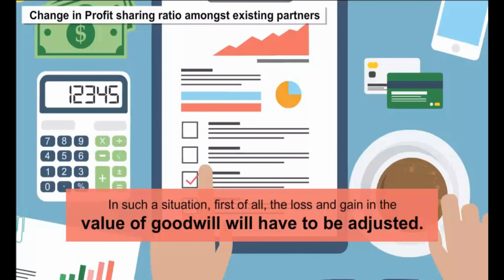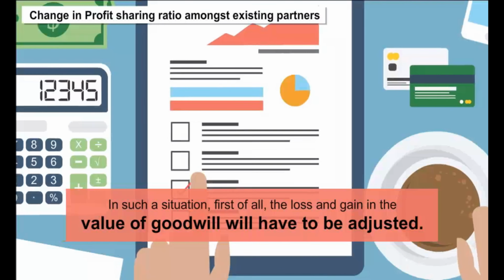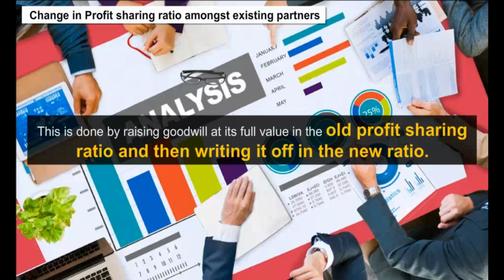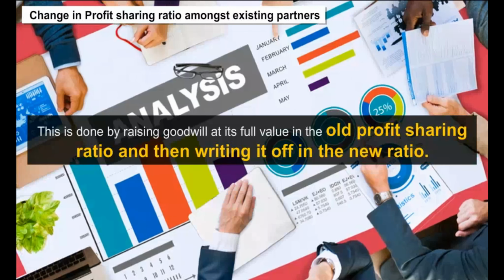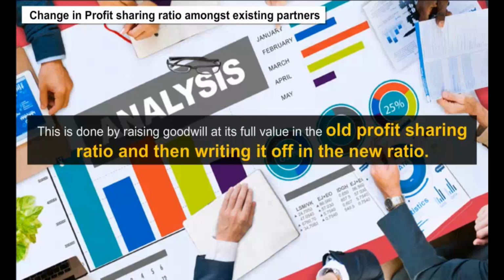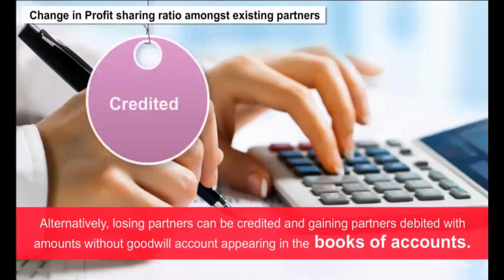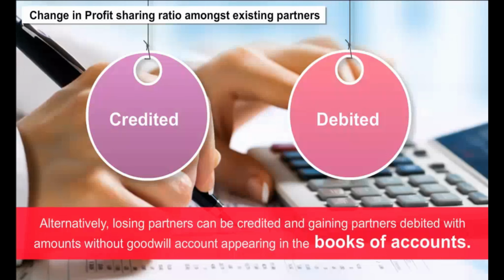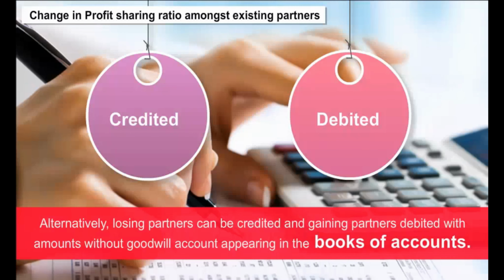In such a situation, first of all, the loss and gain in the value of goodwill will have to be adjusted. This is done by raising goodwill at its full value in the old profit-sharing ratio and then writing it off in the new ratio. Alternatively, losing partners can be credited and gaining partners debited with amounts without a goodwill account appearing in the books of accounts.